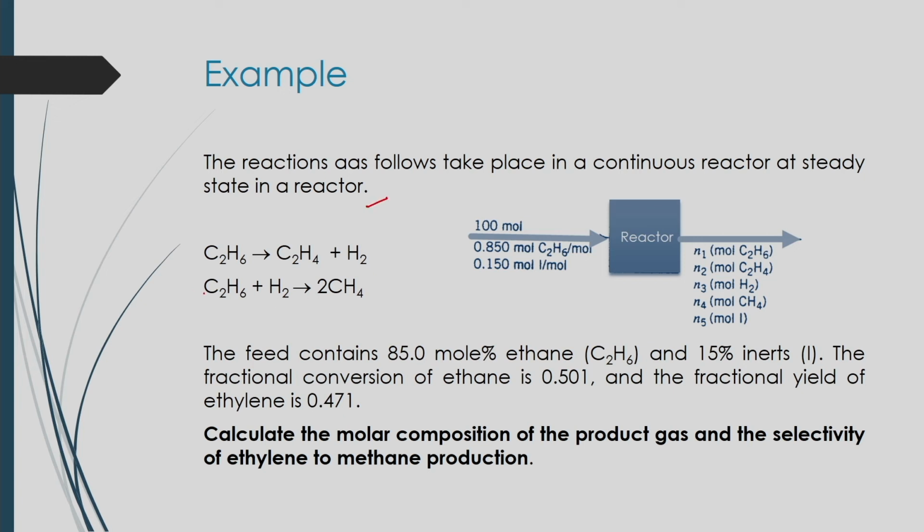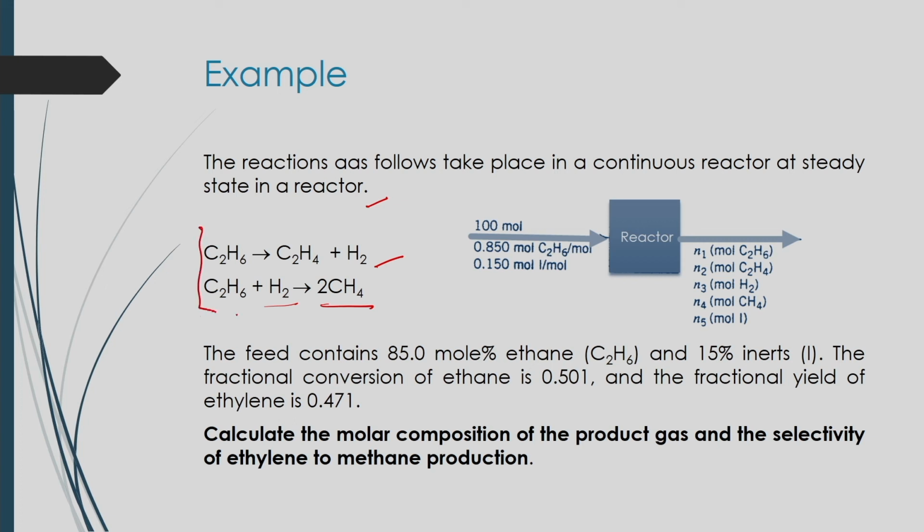This is one reaction: ethylene is obtained from the conversion of ethane at a certain temperature and pressure, and it also gives you hydrogen. Then the ethane also reacts with the product hydrogen, and it gives you methane.